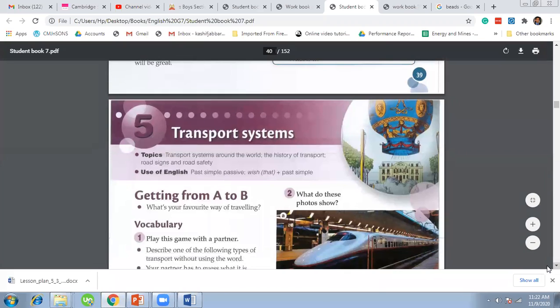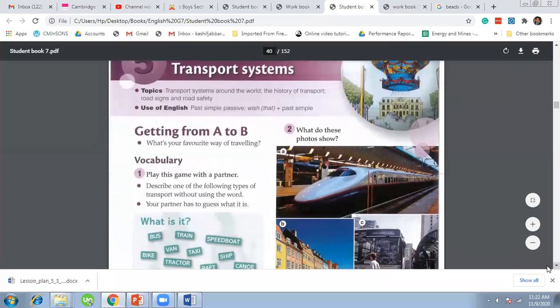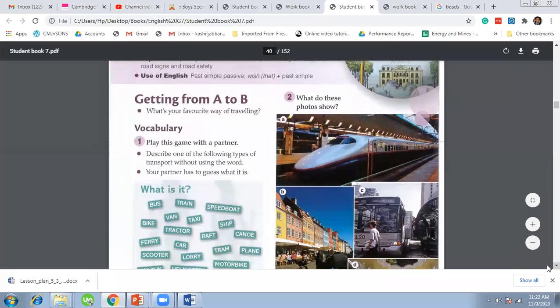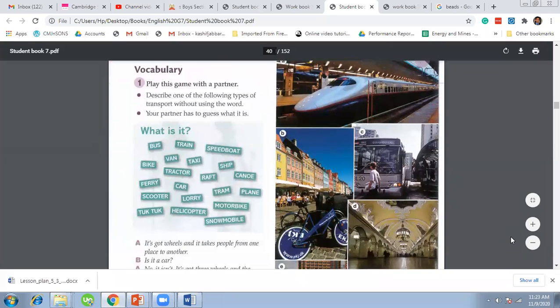And in today's lesson, there was a game we started from. Play this game with your partner. What you need to do is think about transport in your mind and ask your partner by giving him some clues so that he or she will guess what type of transport you're thinking about, right?